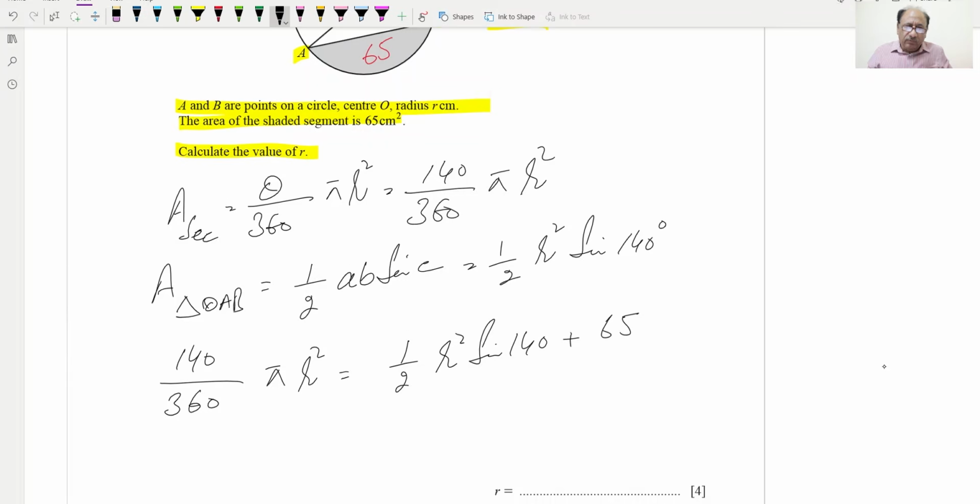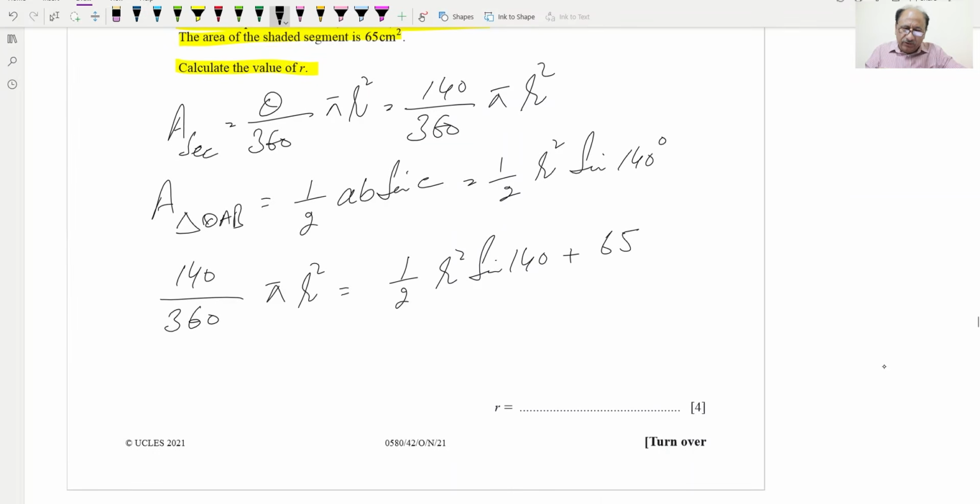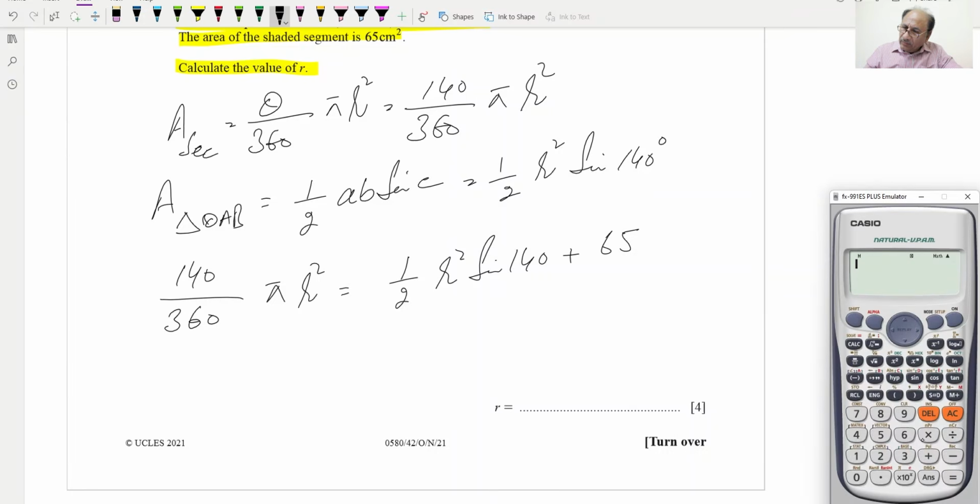So now we will be finding the r value. First of all we need to simplify: 140 divided by 360 is equal to 7 over 18.